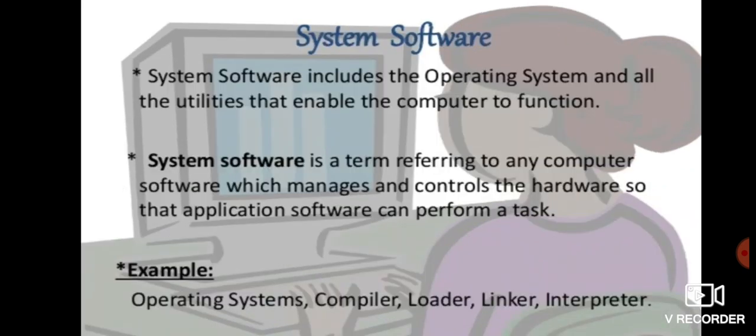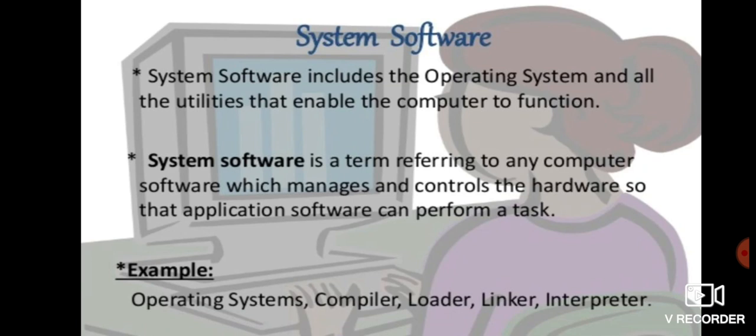Now students, what is system software? System software includes the operating system and all the utilities that enable the computer to function. So system software is the main software which is required by a computer for its own functioning. It comprises the operating system which makes the computer work.